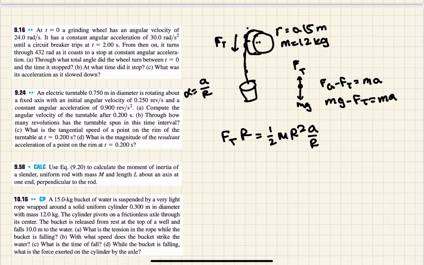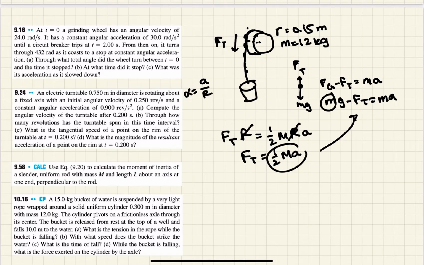And so you just go the other way around. And what that tells us is we can cancel off with one of the radii. So it becomes M times R times a. And the R's cancel nicely. We're left with Ft is equal to 1/2 Ma. We can plug that into here, where this small m is the mass of the bucket, this big M is the mass of the cylinder.